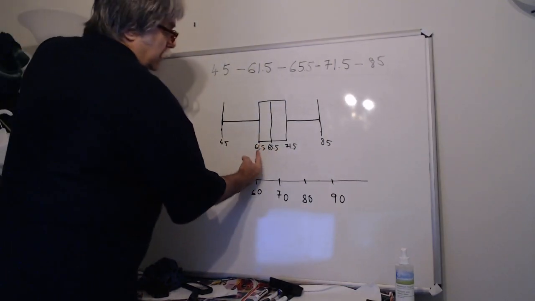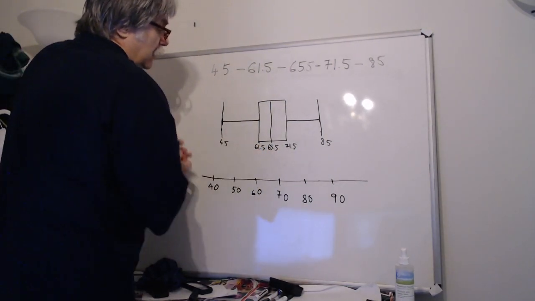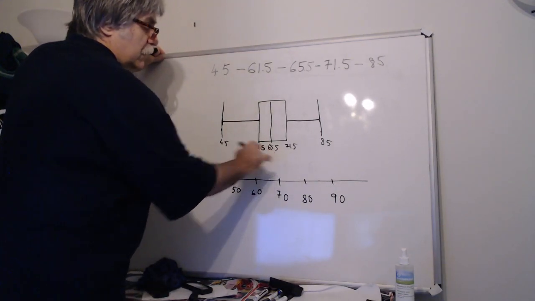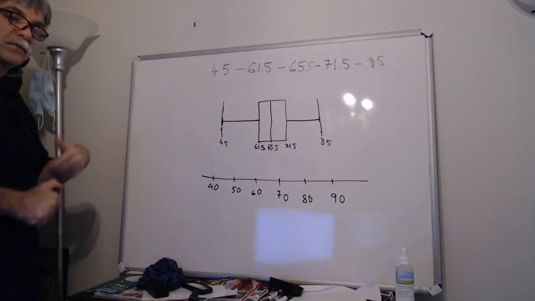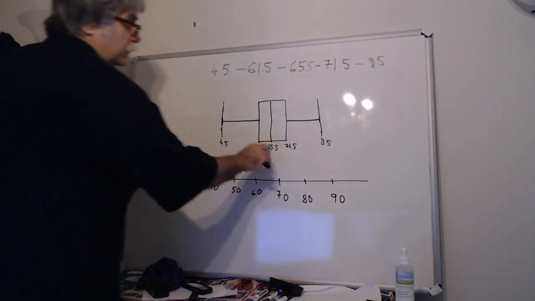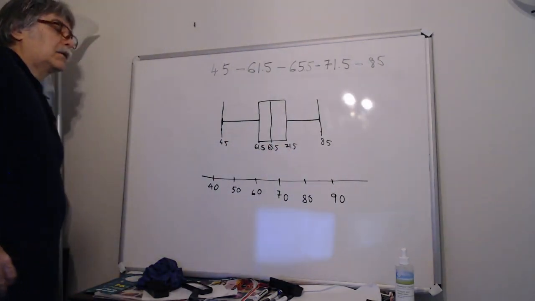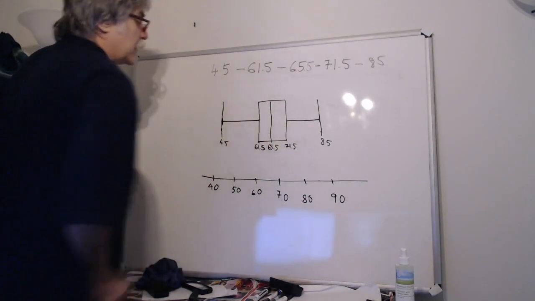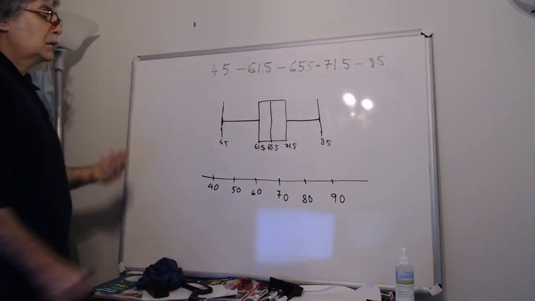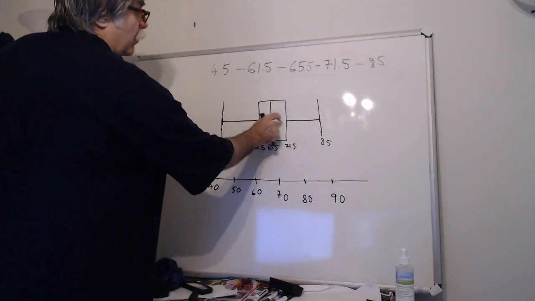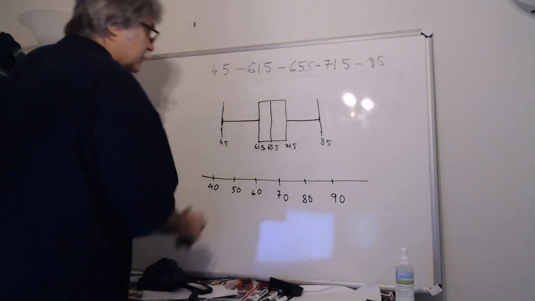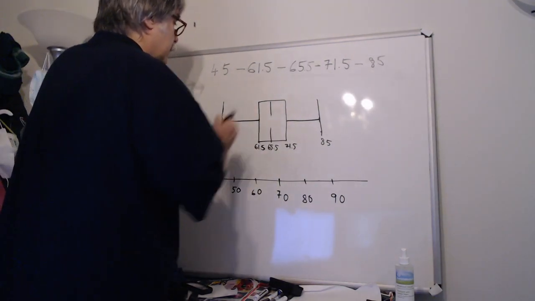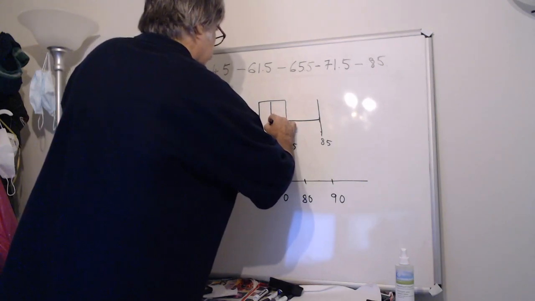Also, you notice here that the difference between the first quartile and the median is only 4. Between 61.5 and 65.5, you subtract, you will see that's 4. The difference between the median and quartile 3 is actually 6. So this part must be longer than this part, because this represents a range of 4 and this represents a range of 6. Okay, this ought to be also nicely done as a line rather than some kind of curve.